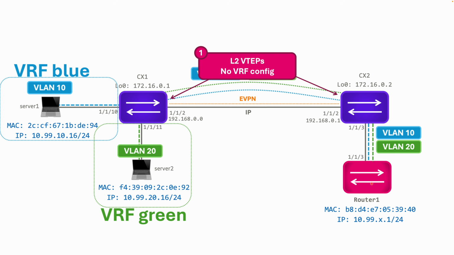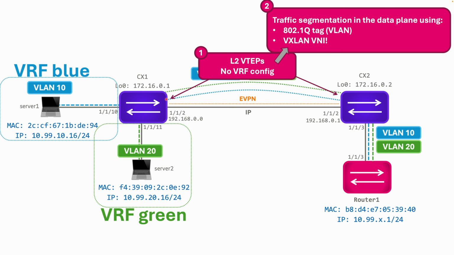And now you may think that that's a bit of a problem looking at the network like this, because it kind of looks like blue can speak to green here. Where's our segmentation? Well, our devices here have traffic segmentation in the data plane. We've got the VLAN for segmentation when it's the 802.1Q switch network.